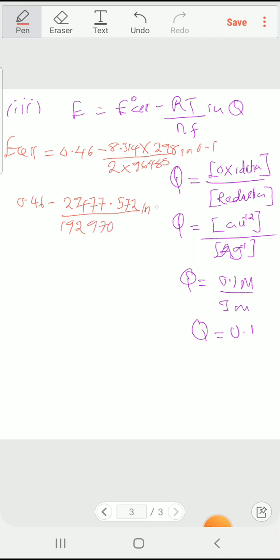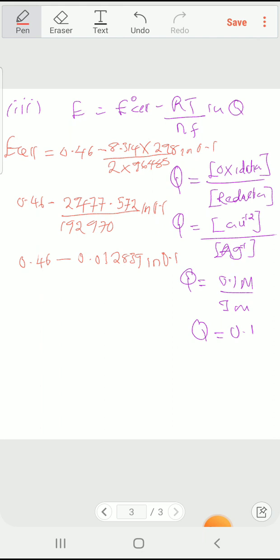Then ln 0.1, don't forget that. Then 2477.572 divided by 192,970. So I rewrite this: 0.46 minus this into that one. What am I going to have? It is 0.012839, then ln 0.1, like that.